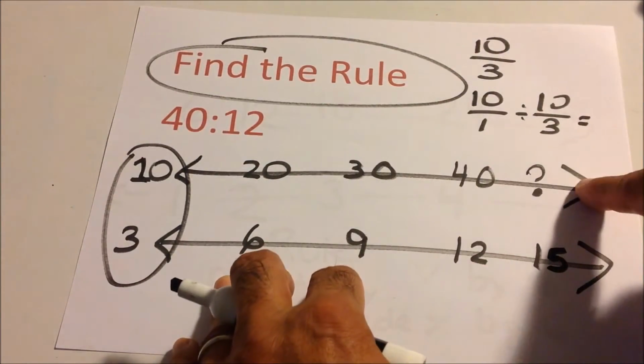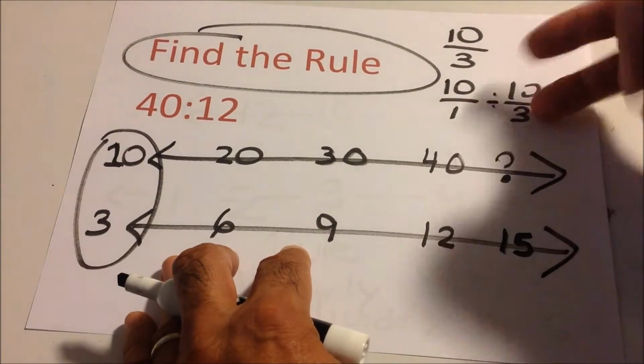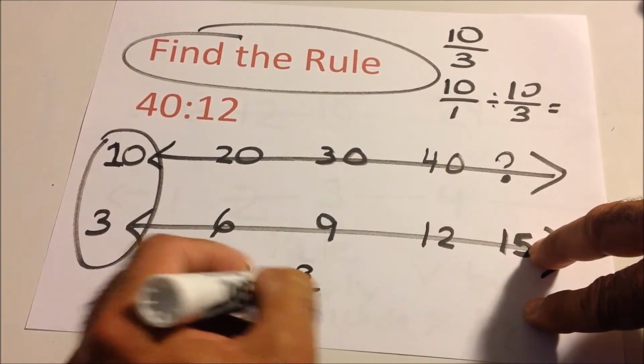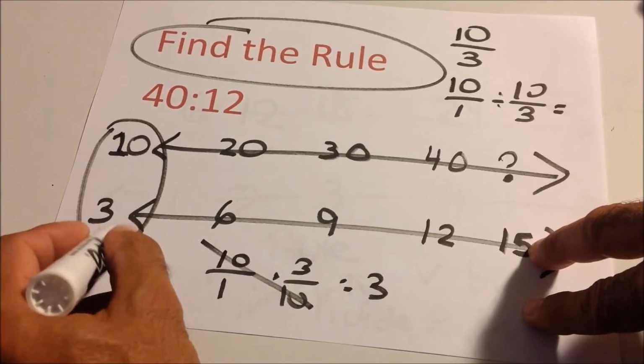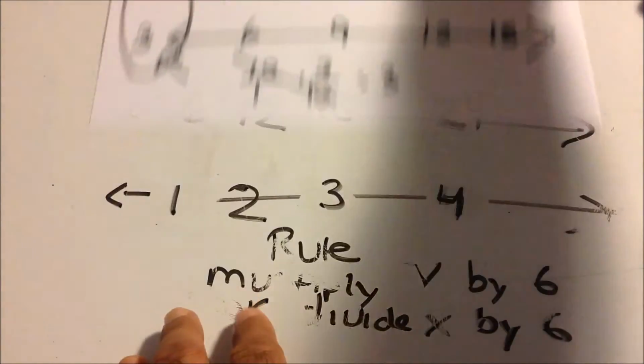That should give us what the y is. What do we do with division? We flip it. So it'll be 10 over 1 times 3 over 10. The 10's cancel and you get 3. There's our answer. Let's see if 10 over 3 works with the rest. So let's say 20. We know we need to get 6.